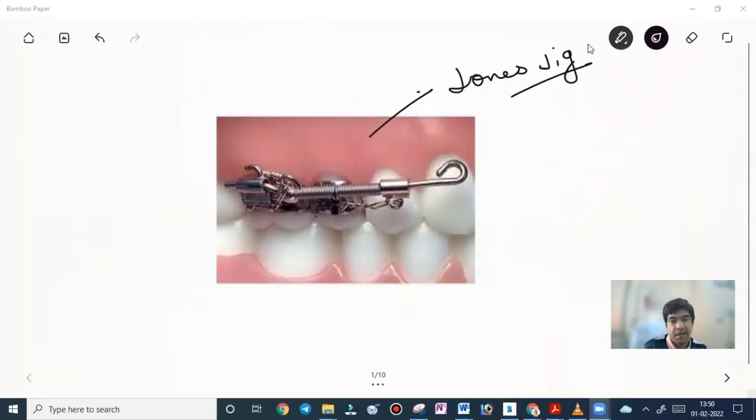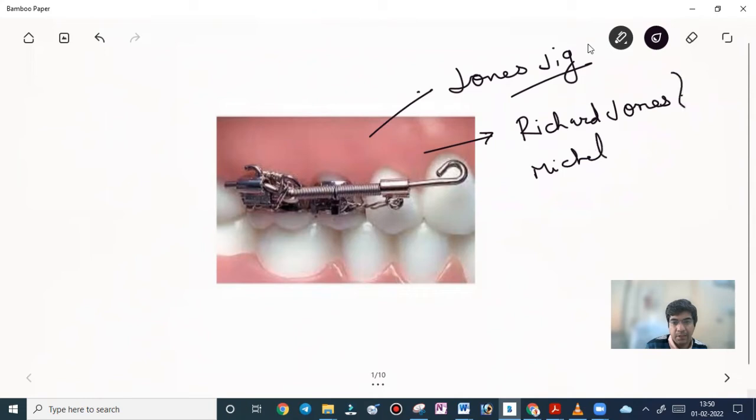It is the Jones jig appliance. Remember, it was first discovered by Richard Jones and Michael. These two both introduced the appliance that is known as Jones jig.